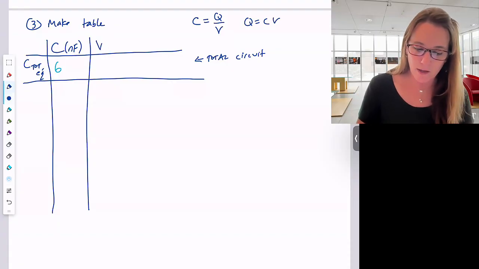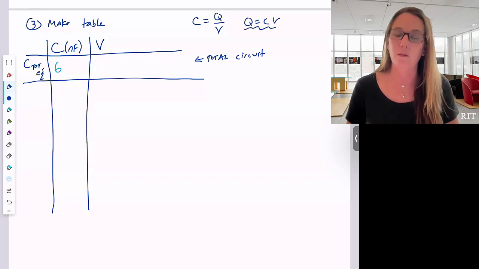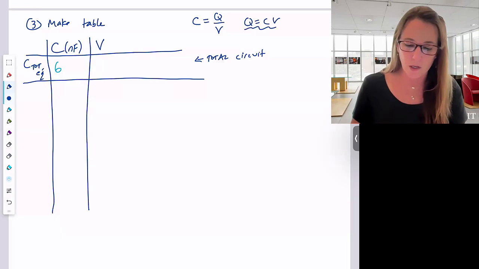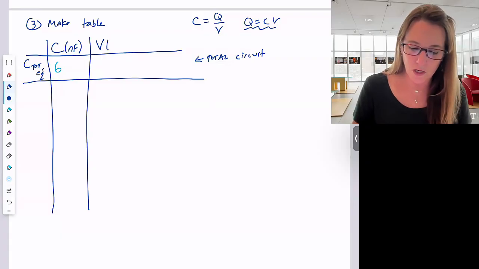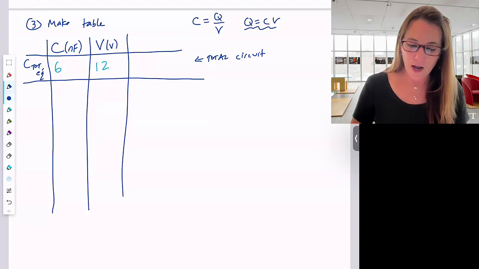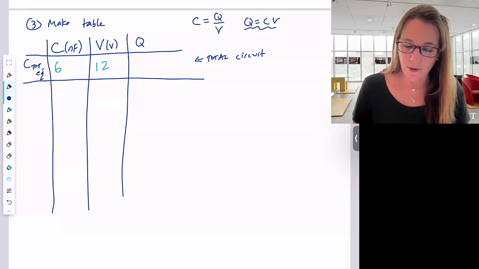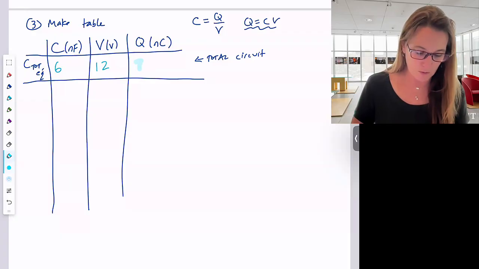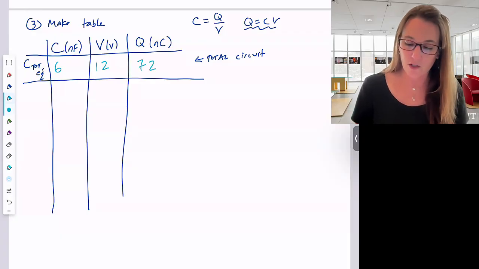It doesn't matter, but I like to have it so that the last column equals the first two multiplied together. And so this volts is going to just be in volts. And the volts for the total circuit was equal to 12. That was given in the problem. And then I'm going to have my Q. And that Q is going to be in nanocoulombs. And we just found the Q total, which was this 72.